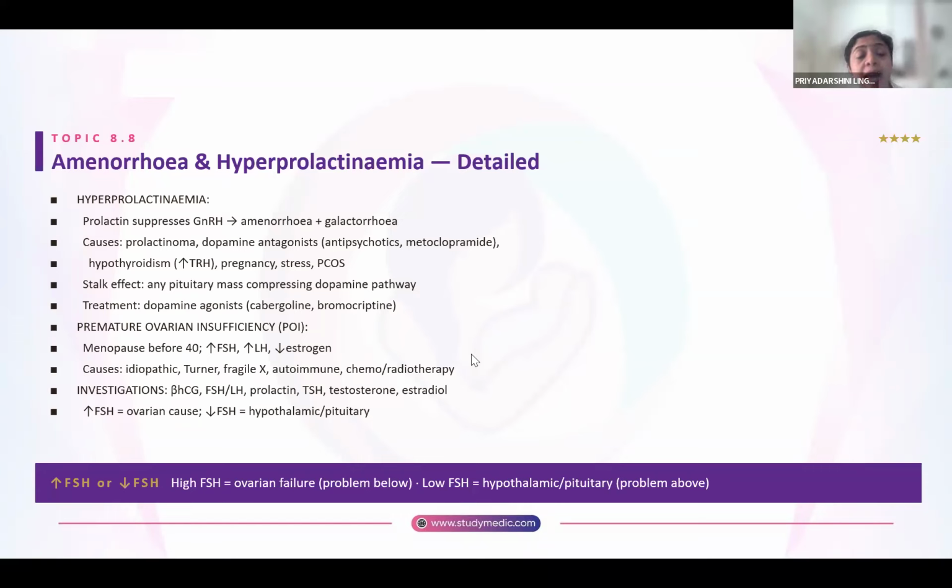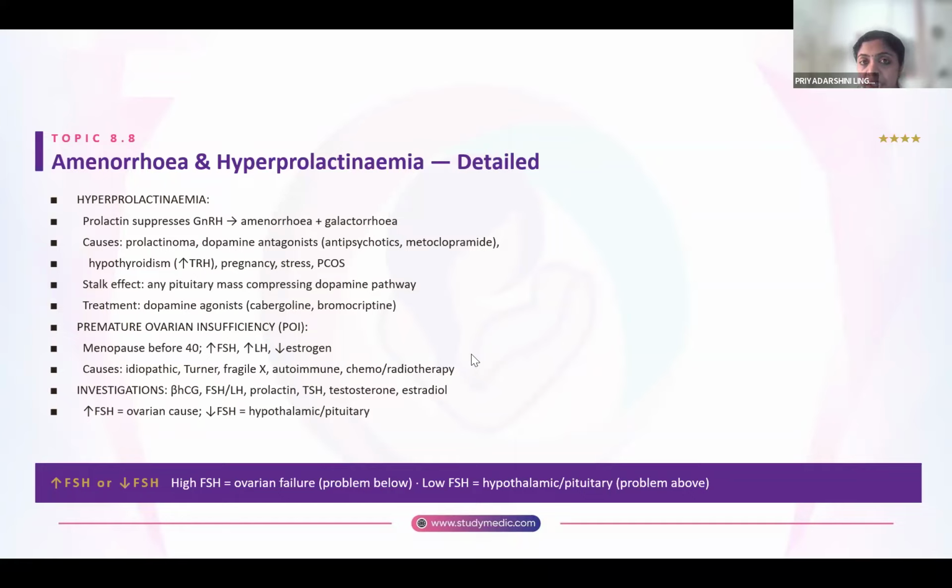So the drugs that cause hyperprolactinemia are going to be dopamine antagonists: antipsychotic medications, metoclopramide, all of them are dopamine antagonists. And the stalk effect we already saw. So any problem that is going to affect your pituitary stalk can cause a problem with your prolactin levels.